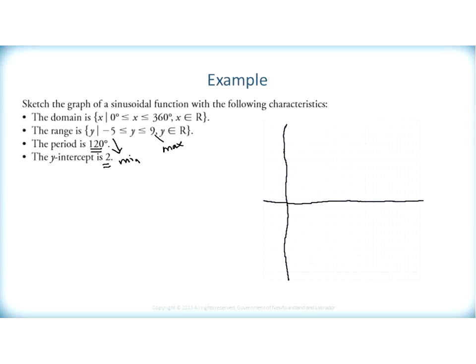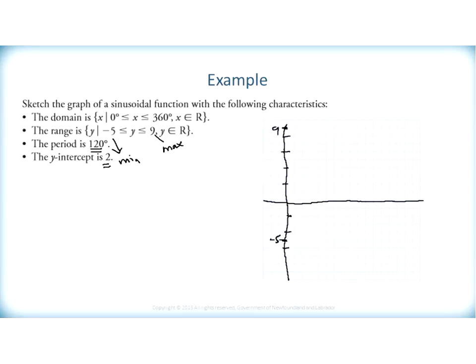So if we go from -5 to 9, we have 2, 4, 6, 8, 9. So we have our maximum up here. And we have 2, 4, 6, and our minimum right here at -5.